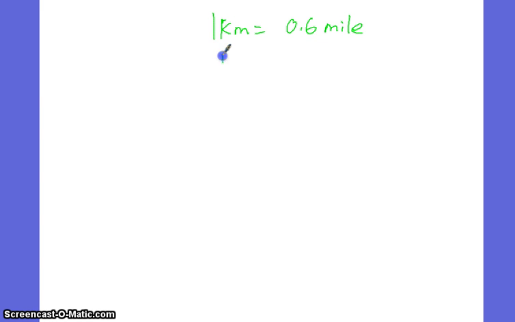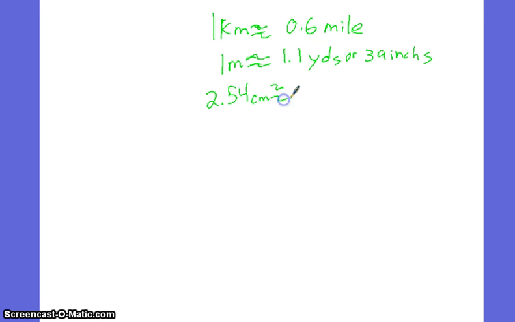A meter is about 1.1 yards, or about 39 inches, roughly. So I really should go more like this to indicate that. And one more that you should know is 2.54 centimeters equals about an inch.